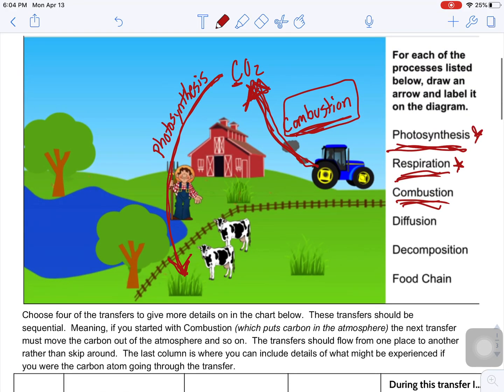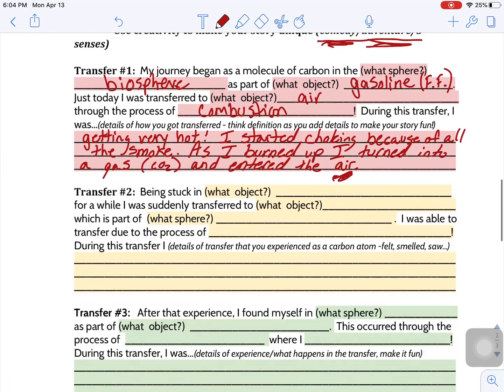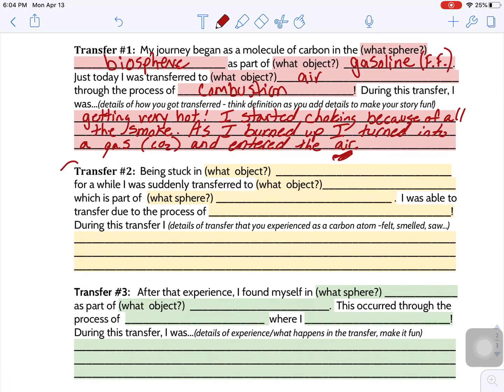Okay, so my carbon dioxide went into the grass. So the carbon was transferred from the air to the grass by the process of photosynthesis. So in my story, I am going to explain that second transfer here and try and be as creative as possible, okay, and talk about that experience.